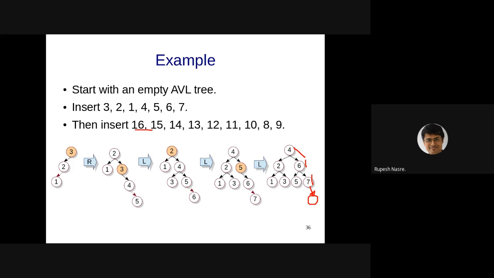Yes, that is correct, Abhishek, that there will be an imbalance at 6, but the first imbalance is going to come at 7, because we'll be adding 15 to the left of 16, right here. The first imbalance gets created as we go upwards, the deepest node where the imbalance happens, so that is going to be 7. Is that correct? Any suggestions? Did I make a mistake?